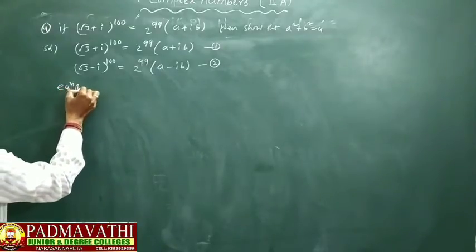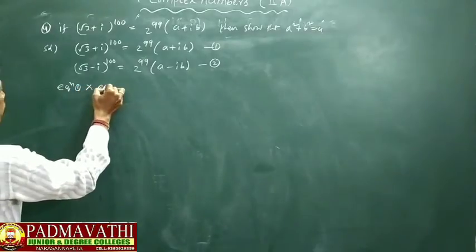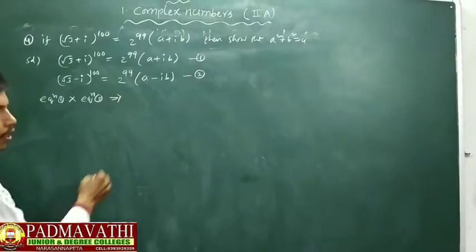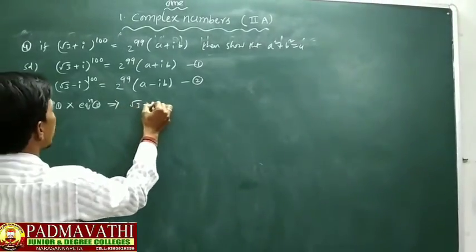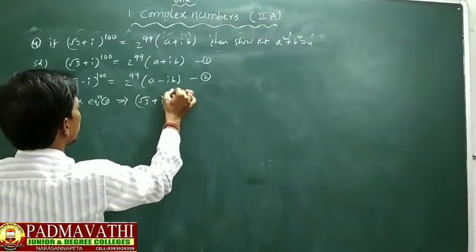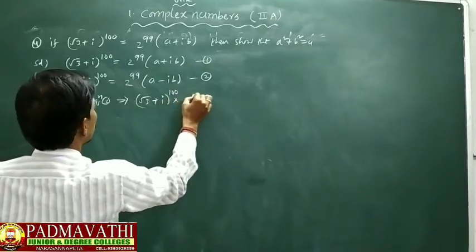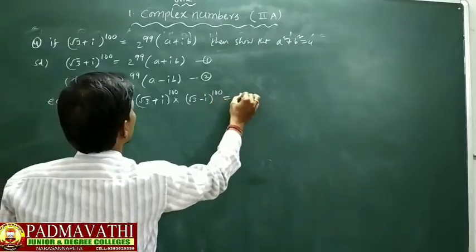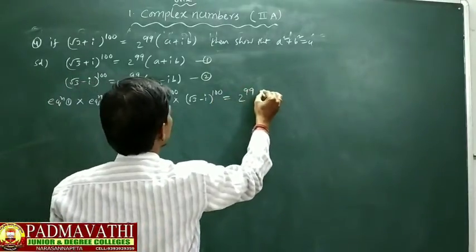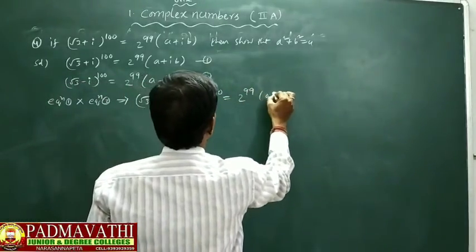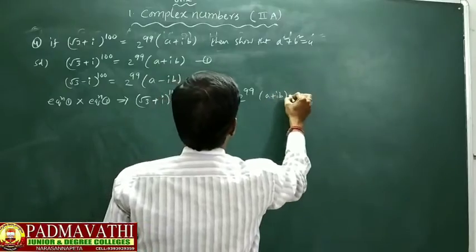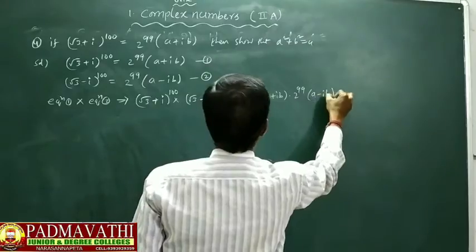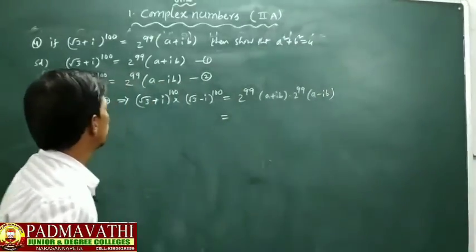Equation 1 multiplied with equation 2 gives (root 3 plus i) whole power 100 into (root 3 minus i) whole power 100 equals 2 power 99 (a plus ib) into 2 power 99 (a minus ib).